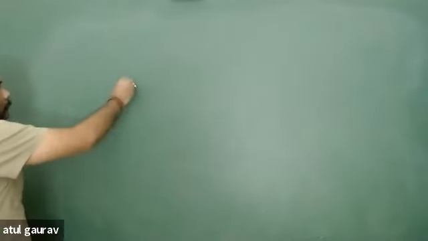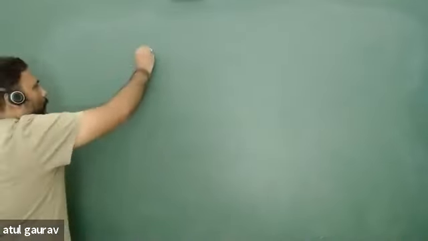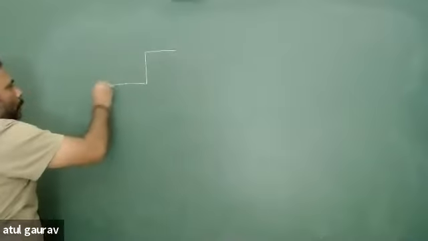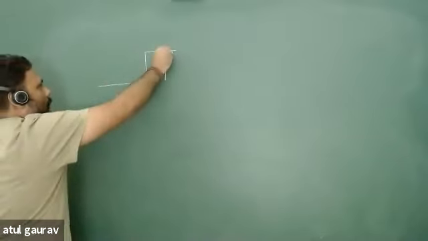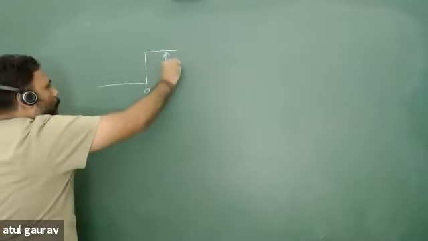So this is all about the step potential. What is a step potential? The step potential is very interesting. This is zero, and let's say this is a constant potential, V naught.